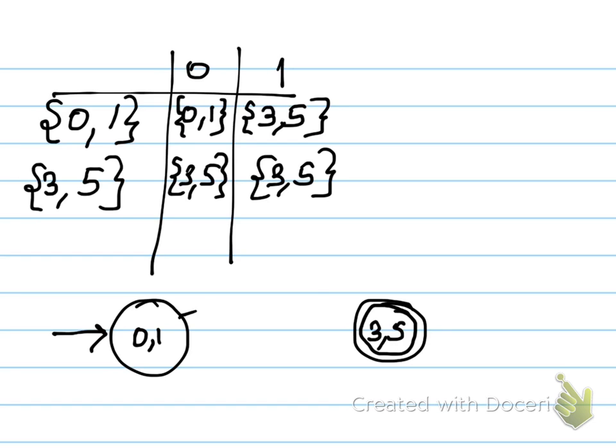And what is the transition? On 1, 0 and 1 goes to this. On 0, it goes to itself. And 3 and 5, on both 0 and 1, goes to itself. So this is our minimized DFA with two states.